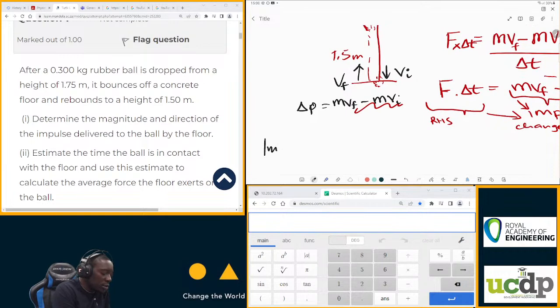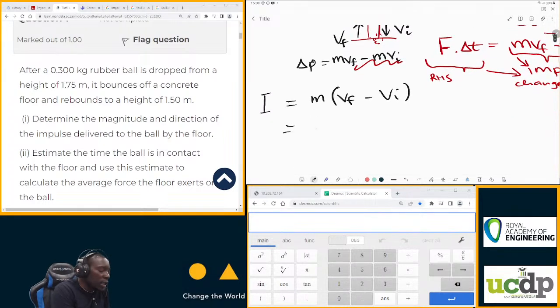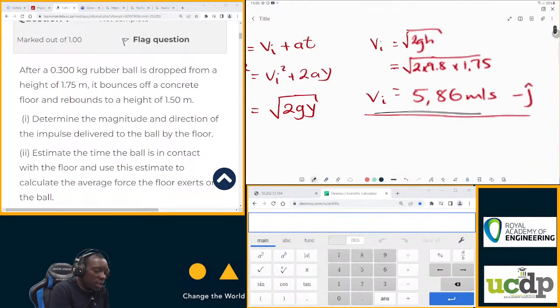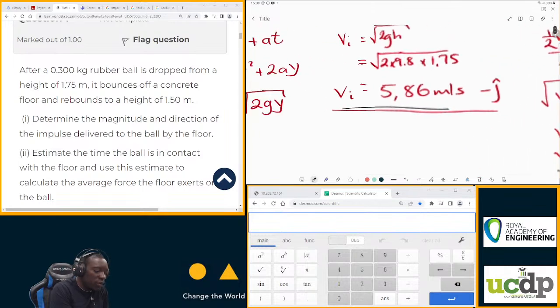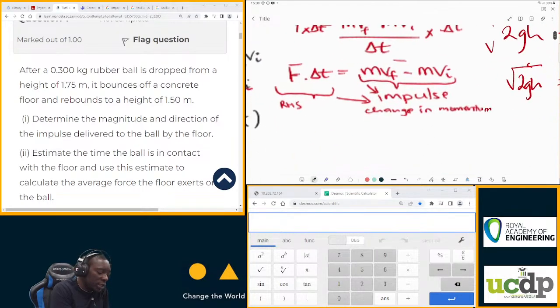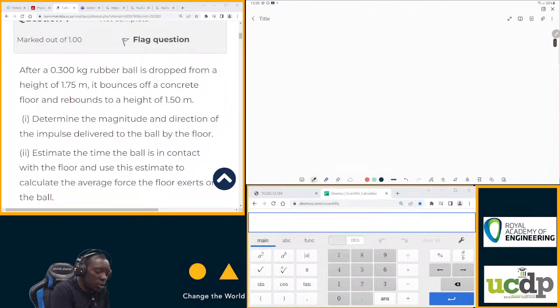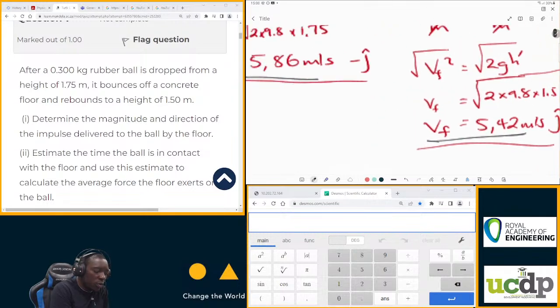Impulse, or you can use I, I'm sure some texts would use I, is equal to mass times Vf minus Vi, and the mass is 0.3 kg. Vf, we said Vf is 5.42, Vi is minus 5.86. So 5.42 minus negative 5.86.